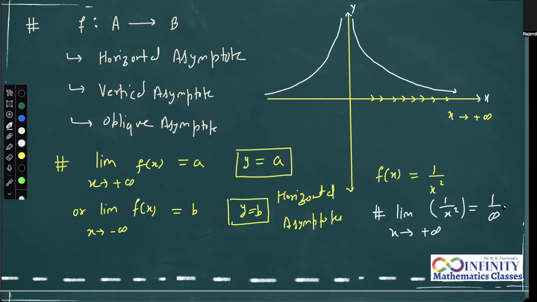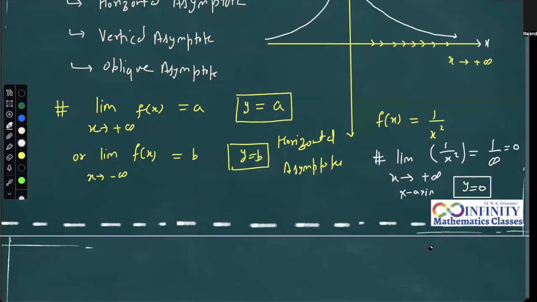It is 1 over infinity square. Infinity square is simply infinity. 1 over infinity, a finite number upon infinity, is going to be 0 for you. So for me, y equals 0 is an asymptote, and y equals 0 is nothing but the x-axis. So the x-axis in this case is an asymptote. You got it?